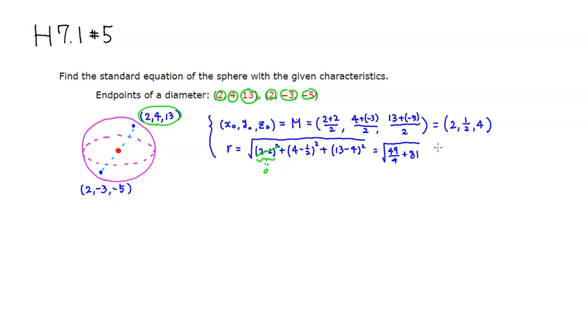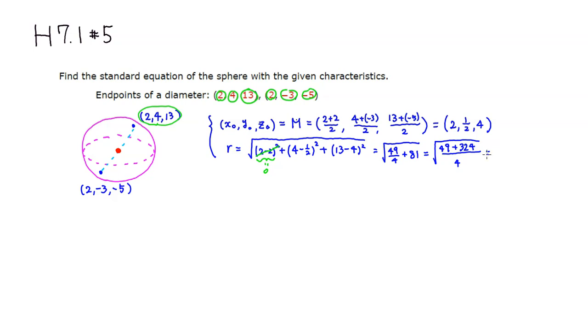Then taking a common denominator of 4, we have 49 plus we multiply 81 by 4, so 4 times 1 is 4 and 4 times 8 is 32, so 324.